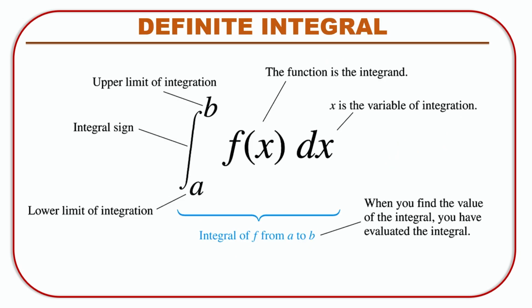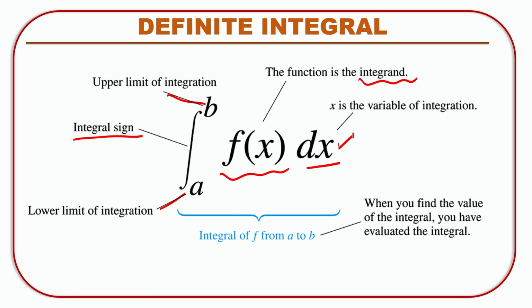And here in the slides, as you can see, each part has been defined separately. So, this is the integral sign, a is the lower limit of integration, b is the upper limit of integration, small f(x) is the integrand, and dx is the infinitesimal change in x, which we call the variable of integration.